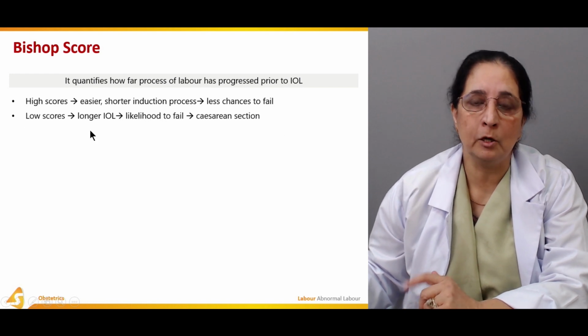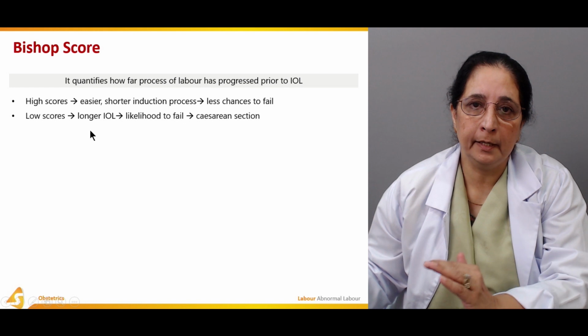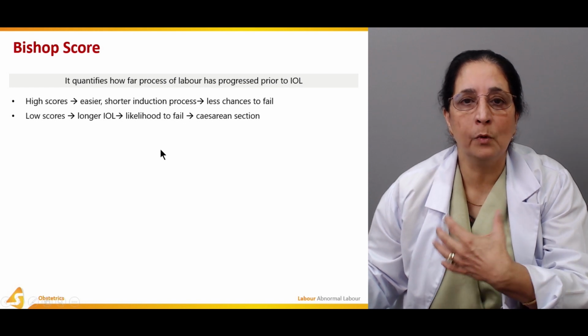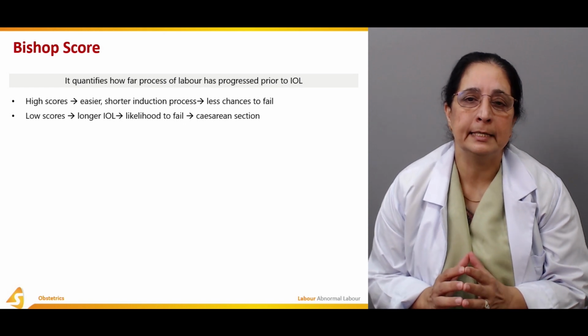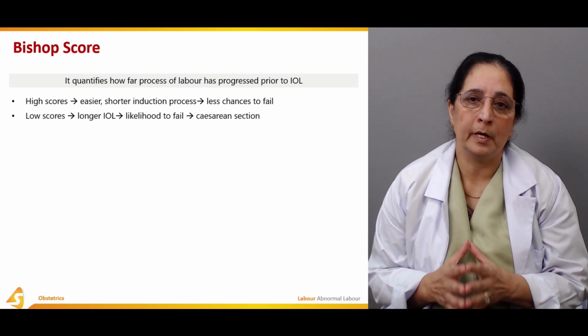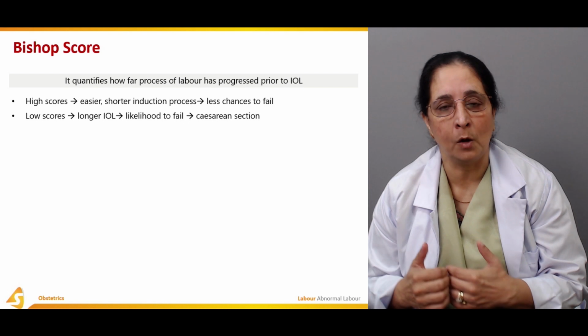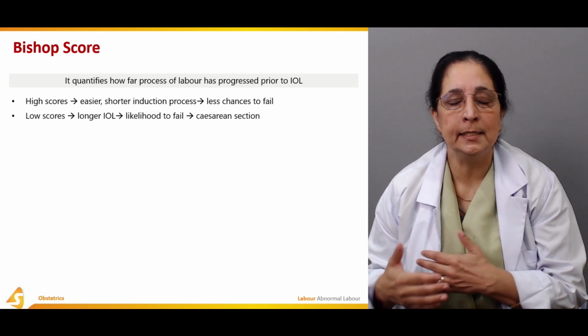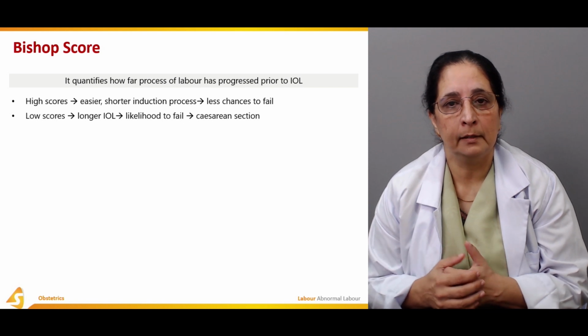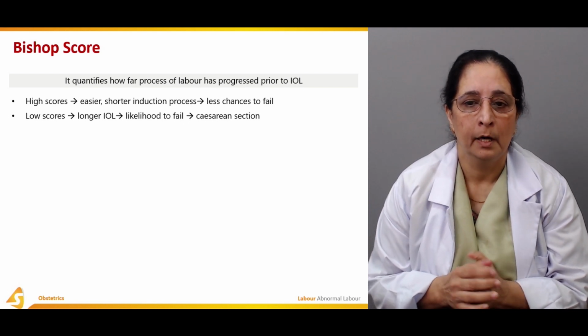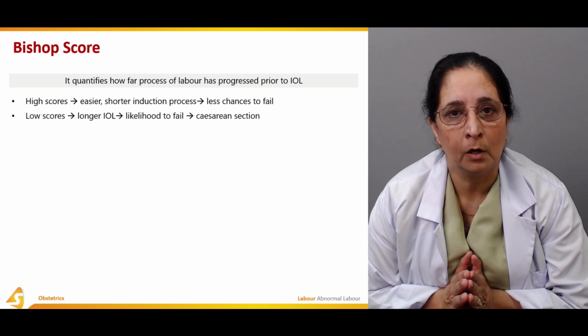If the score is low, the induction period will be long, there is more chance of failure, and it usually leads to C-section. So the Bishop score is important to find out how we should manage the labor and whether the induction of labor will succeed or not.